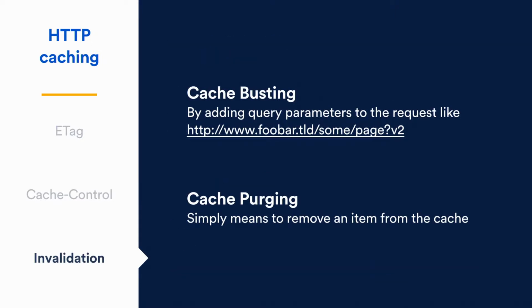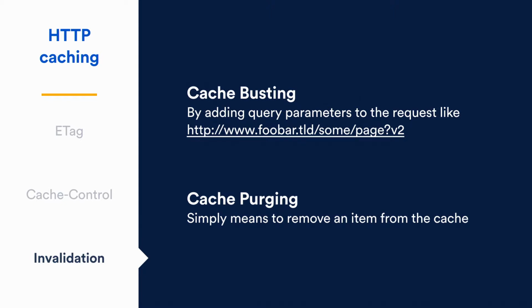And often you find yourself that you set a cache that you want to bust or remove. And there are two main techniques to do that. So cache busting means simply that it circumvents the cache key, and that usually works through appending a query parameter.